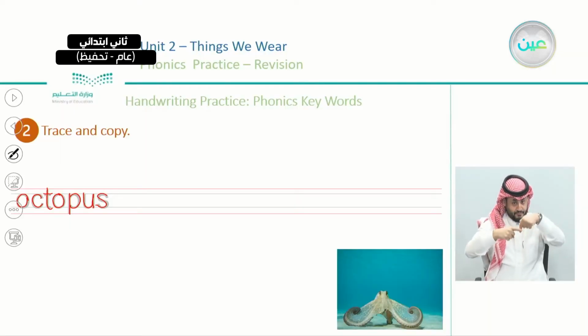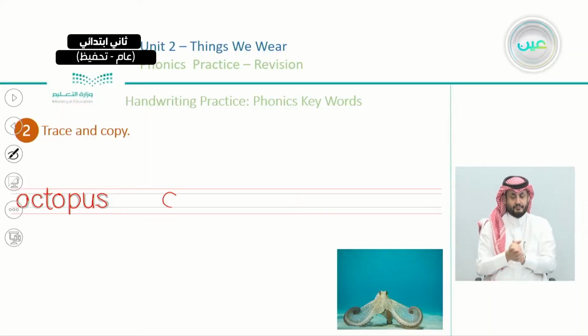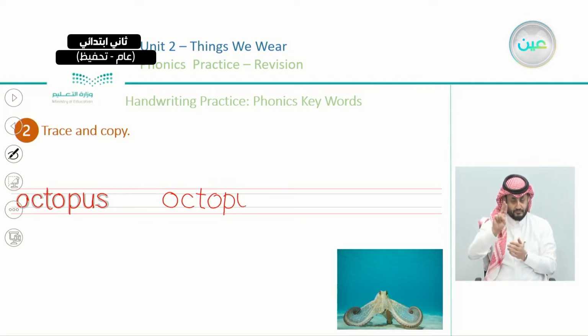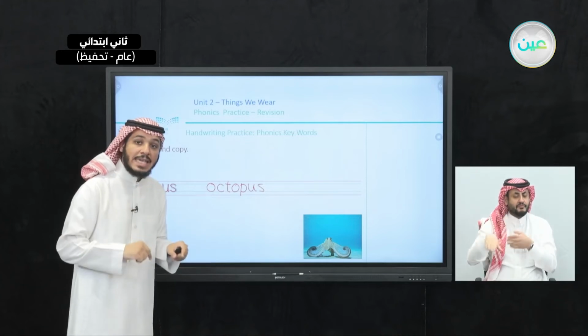Excellent. Let's write it again. O, C, T, O, P, U, then S. Notice here, the letter C, I pronounce it as K.